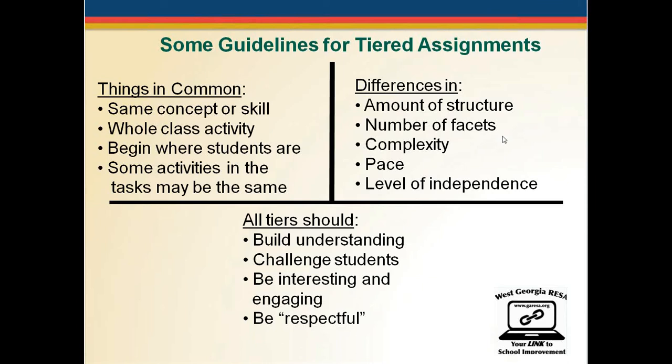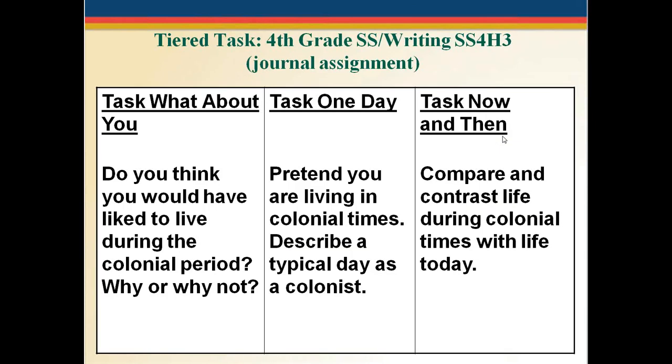There's some guidelines for tiered assignments. I think that they've been implied in the previous slides, so you can look at these later. But basically, you do have a time when there is a common understanding or skill, and then from there, the tiered assignment is provided to students. Here's a few examples. I really like that these examples are not called Tier 1, Tier 2, Tier 3.